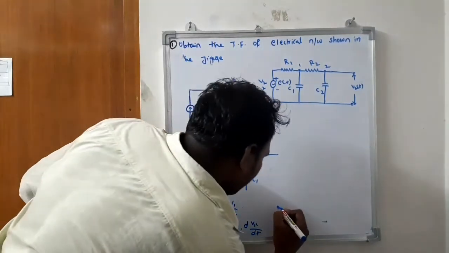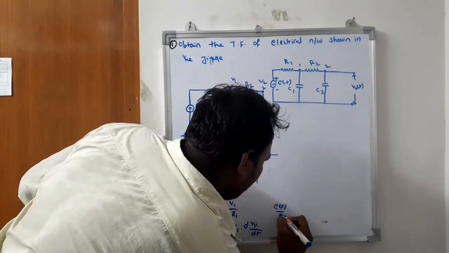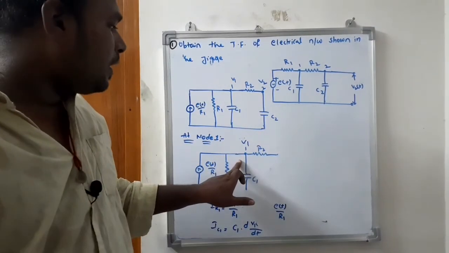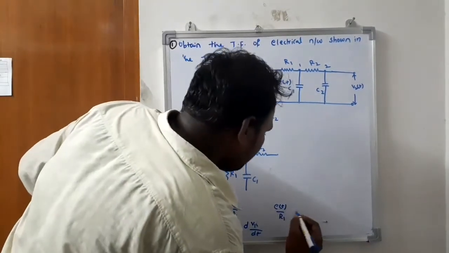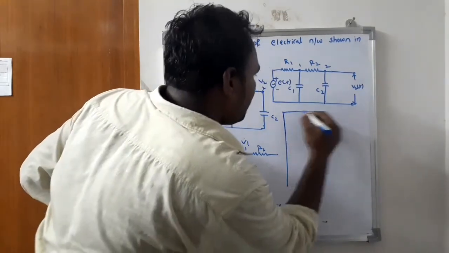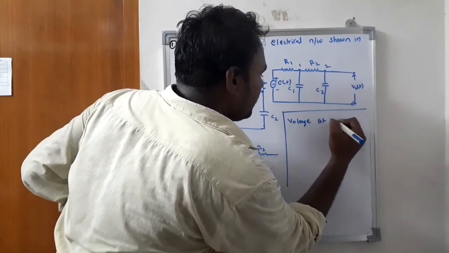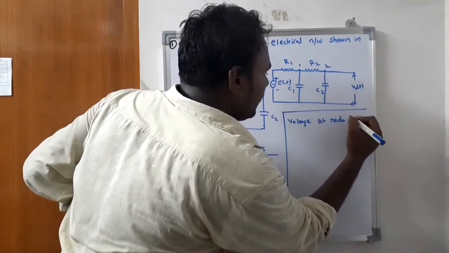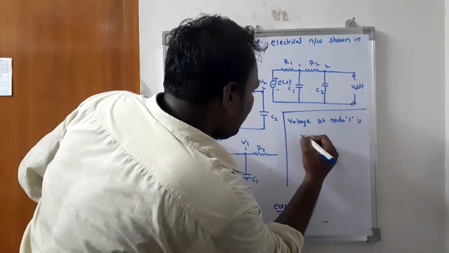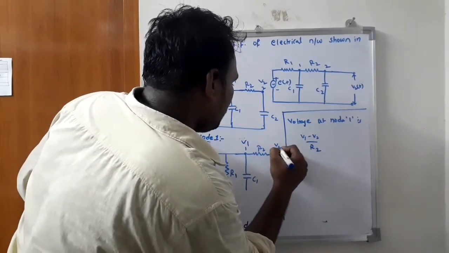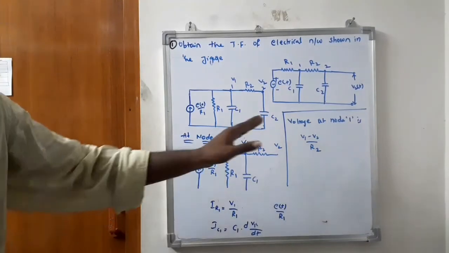E of t by R1. Then the current through R2 is V1 minus V2 by R2, letting the other node voltage be V2.